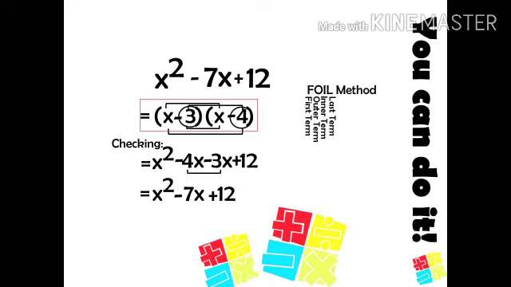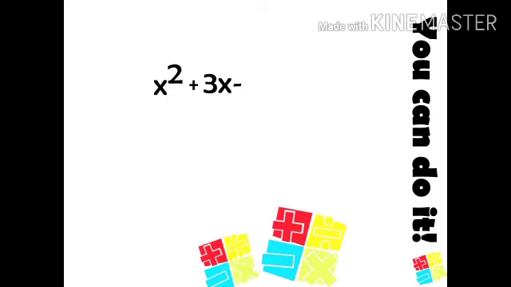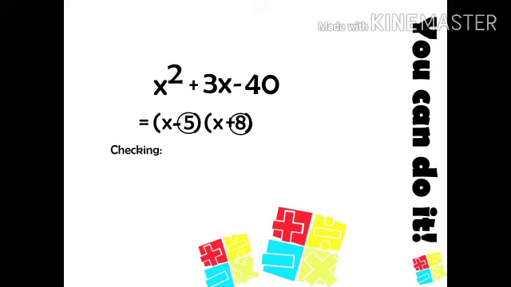Next thing we have x squared plus 3x minus 40. The factors are (x - 5)(x + 8). These are the factors of 40 and 3. To check, we are going to use the FOIL method again.